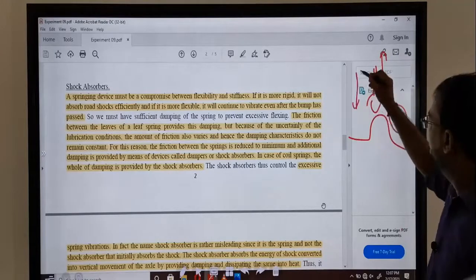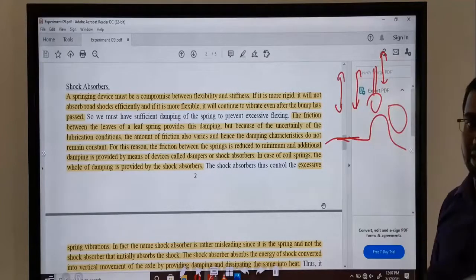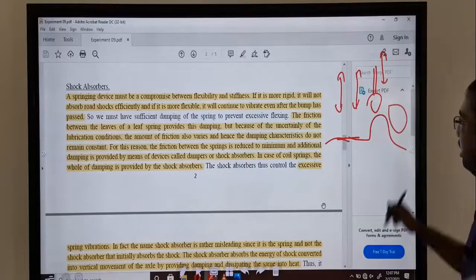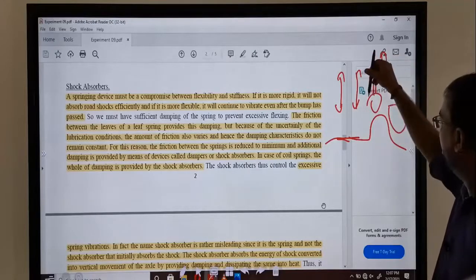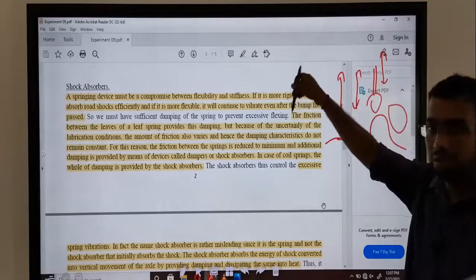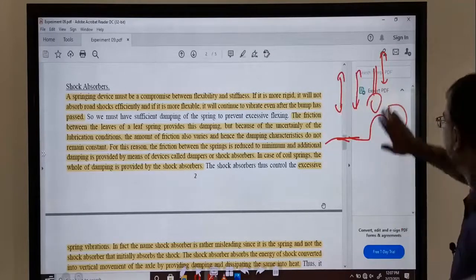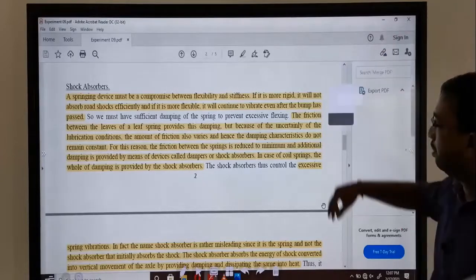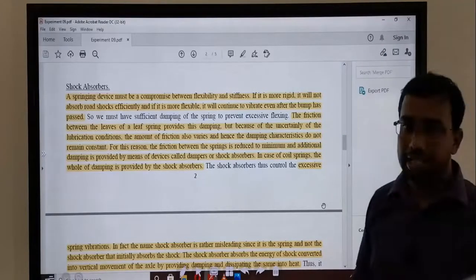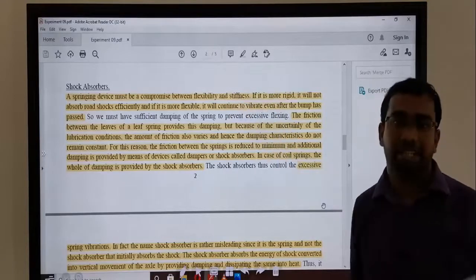After the bump it gets some resilience, and the spring keeps working for some time because it is more flexible. So we have to maintain the correct level between flexibility and stiffness.